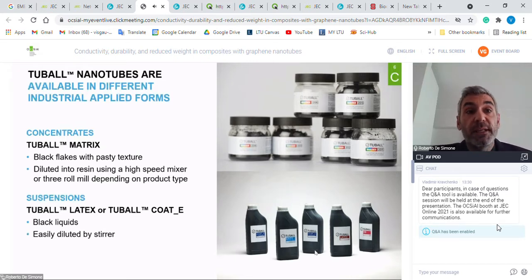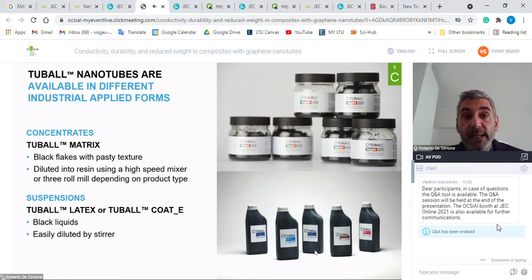And we developed this Tubal matrix series, 200 and 300, but we will speak about it more later on in the presentation, where the appearance is more or less like black flakes or pasty, and the Tubal is pre-dispersed in this kind of concentrate. The content is between 5% or 10%.